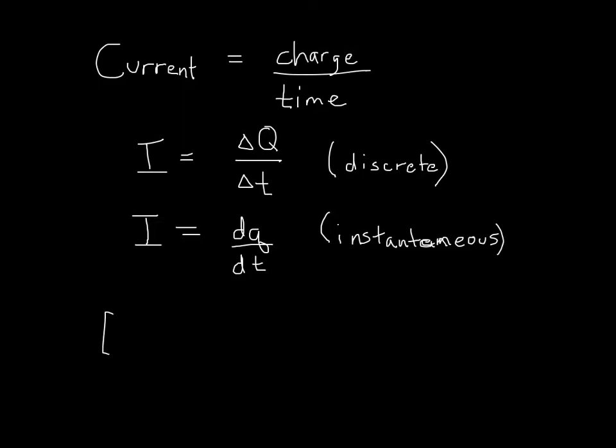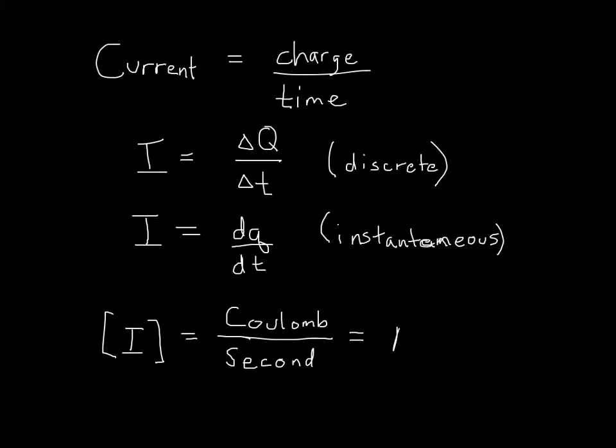And we can figure out the units for current from the units for charge, which are coulombs, divided by the units for time, which are seconds. So current is measured in coulombs per second, which we give another name.